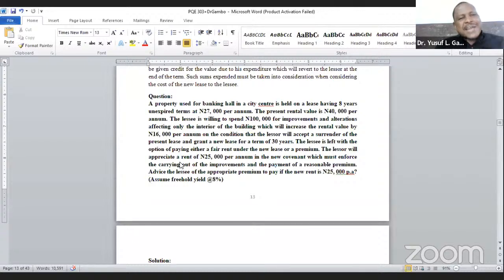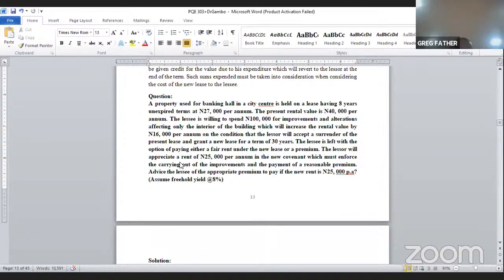After investing, the rent is a lease and it has 8 years unexpired term. This is surrender and renewal, but there is also a premium. I'm trying to analyze the question for you. Now, the person has 8 years unexpired term.